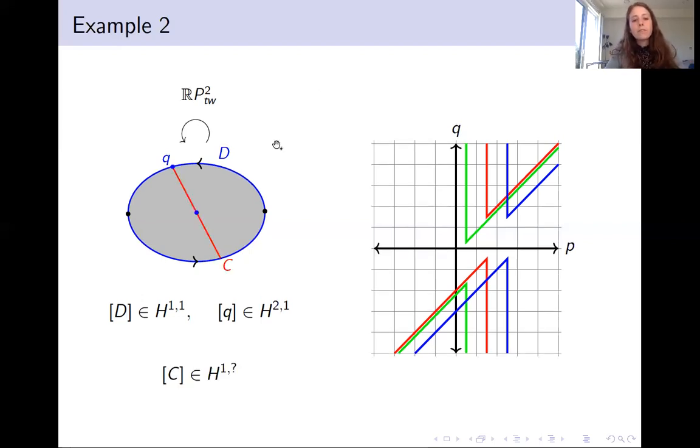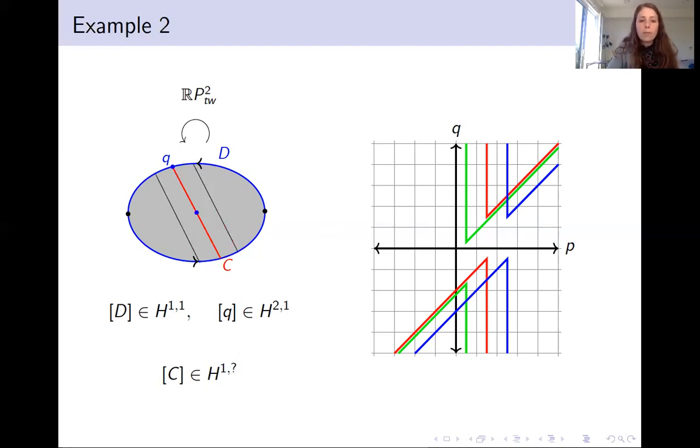So instead, let's try to find a different submanifold. I can draw a straight line across here. Remember, these points are identified, so this really is a copy of S1, this red C, and this has a reflection. Again, I should get a class in H^{1, something}, and what this something is, we need to figure out.